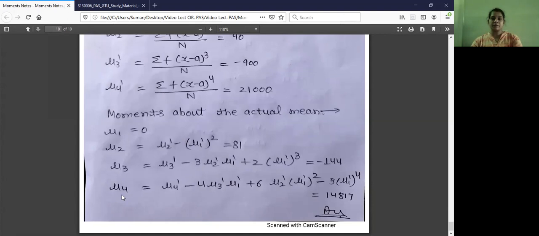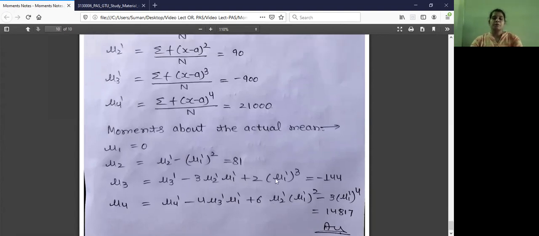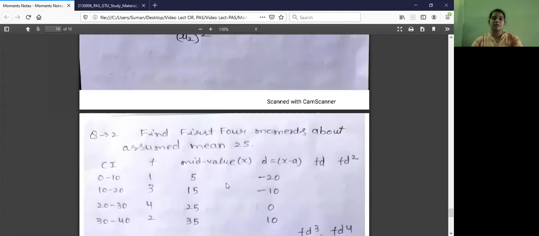And the last value, mu4, is equal to mu4 dash minus 4 mu3 dash mu1 dash plus 6 mu2 dash mu1 dash whole square minus 3 mu1 dash whole raised to the power 4, and we get the value of 14817. So this is the example of finding the first four moments about the assumed mean.